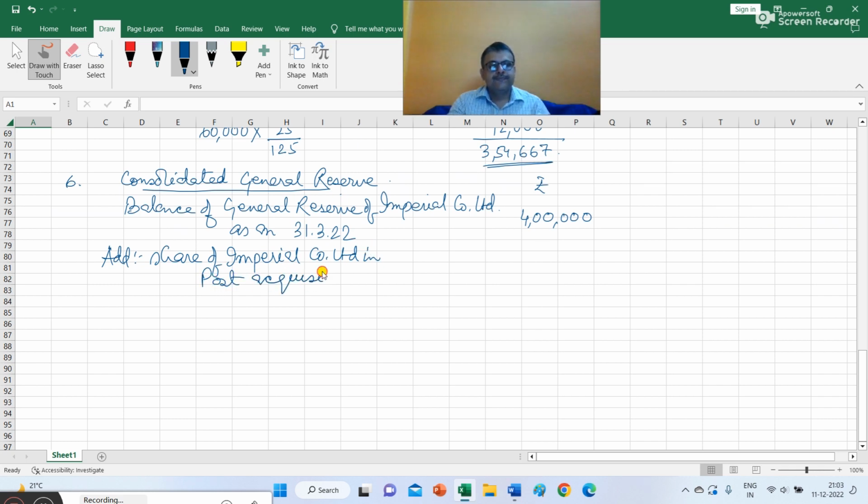You will get this figure from control chart A, and this figure is 30,000. So the total or the consolidated general reserve of Imperial Company Limited happens to be 4,30,000. So these are the 6 workings that we have to do before preparing the balance sheet.